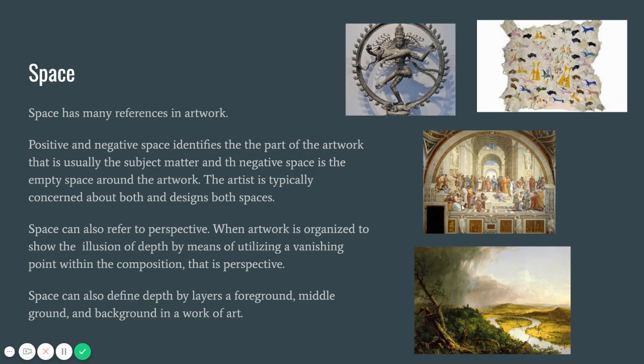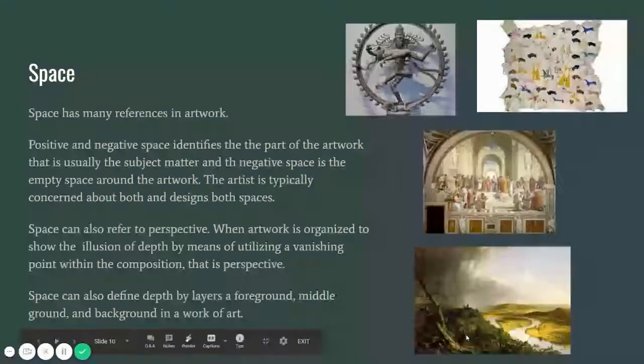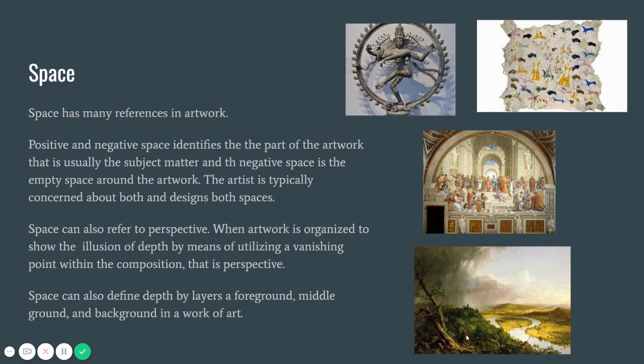Okay, and so that basically means when you're looking at artwork there's going to be subject matter that looks very, very close to you, and it looks like it's the first thing on this paper or canvas, and that is called the foreground. It's usually the largest, and it's usually the most detailed and the most crisp, okay?